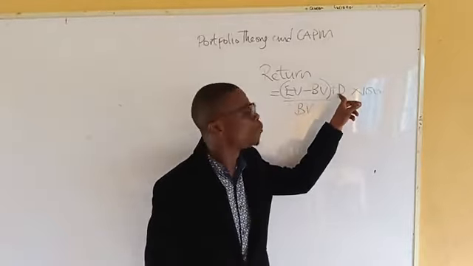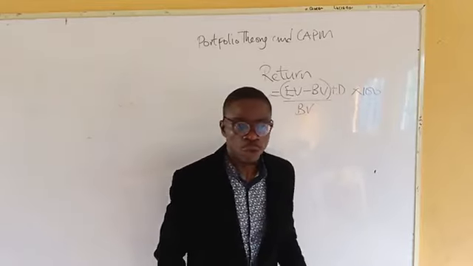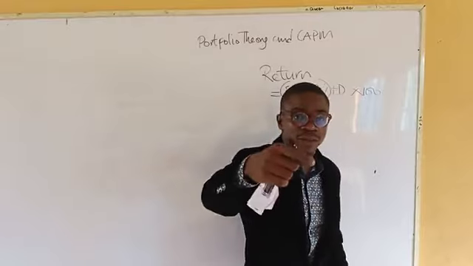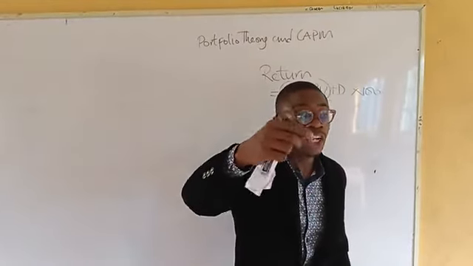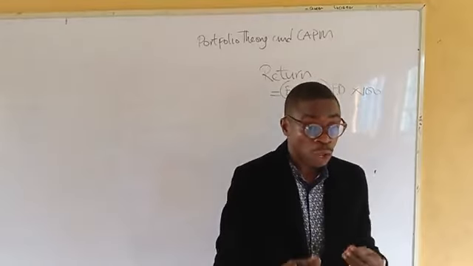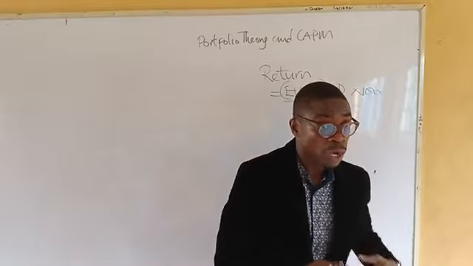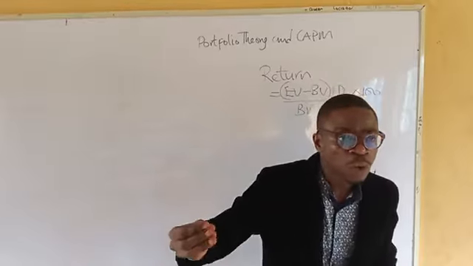Plus D. This D means dividend. If you buy shares in a company, you automatically become a shareholder. Without you selling your shares, they will give you dividends.